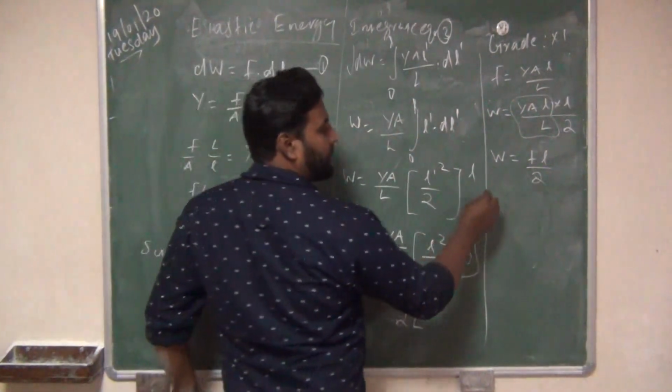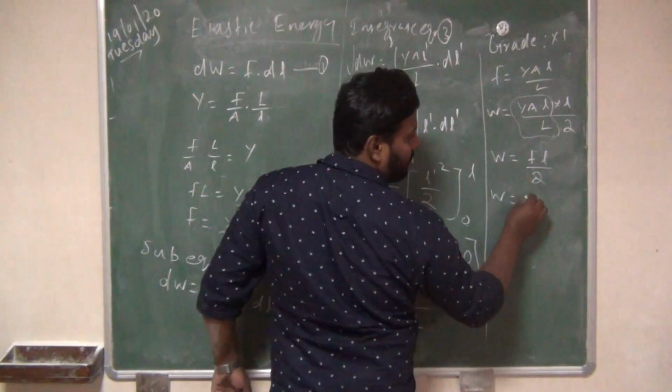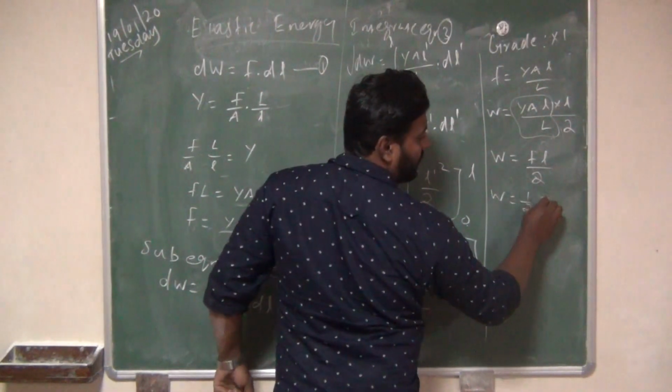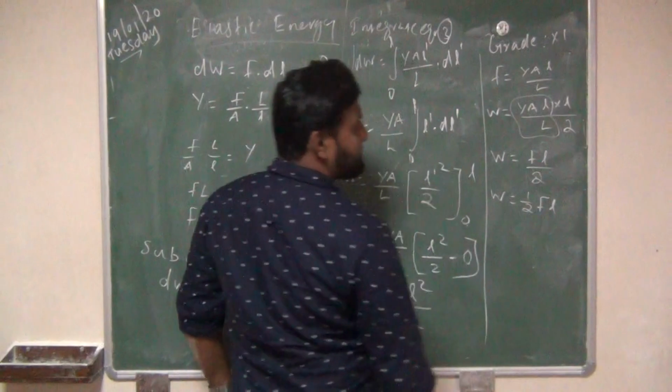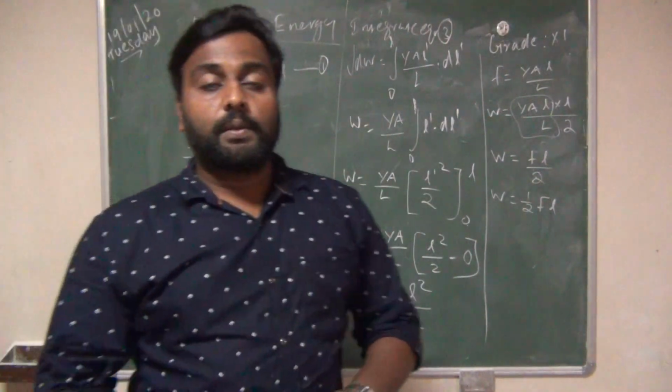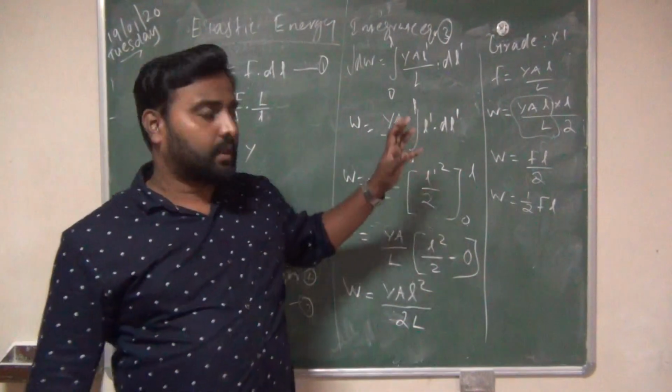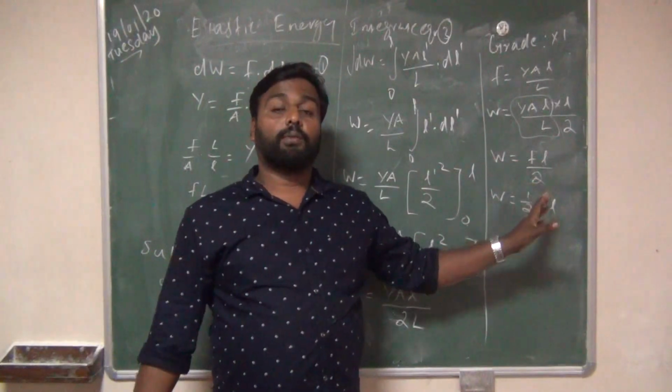So we can write this equation W equal to 1 by 2 FL. Now this is the work done, 1 by 2 FL.